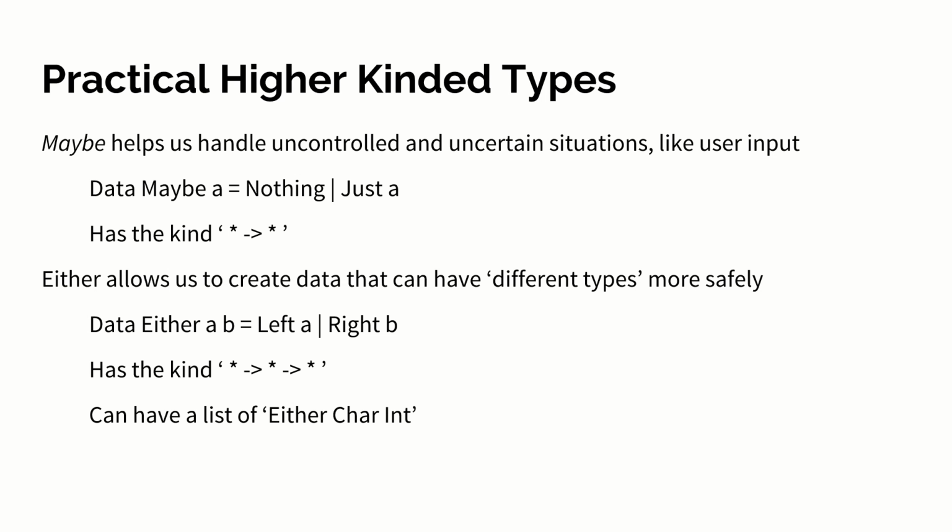So let's talk about some practical higher kinded types. We've already gone over list, which is a higher kinded type we've been talking about since the beginning of this course. But here's two more. The maybe type helps us handle a variety of uncontrolled and uncertain situations. For example, user input. We take in user input as a string, and then we might try to read that input to convert it into an integer.